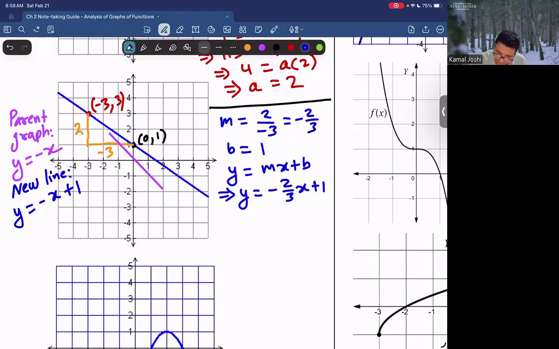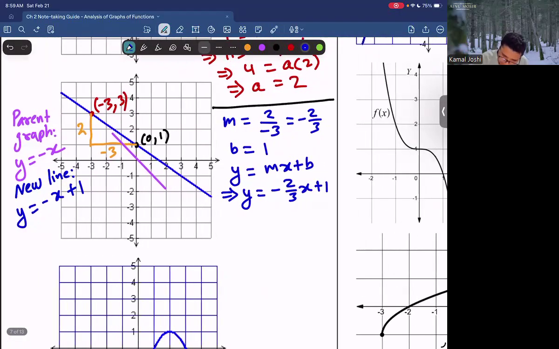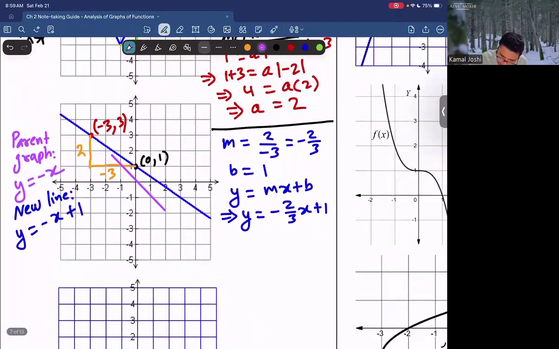So what has happened? Let us look at the change, and that is where the concept of the slope will come into the picture. In the parent graph, you go from anywhere, okay? If you go 1 unit left, you go 1 unit up. If you go 2 units left, you would go 2 units up, right?